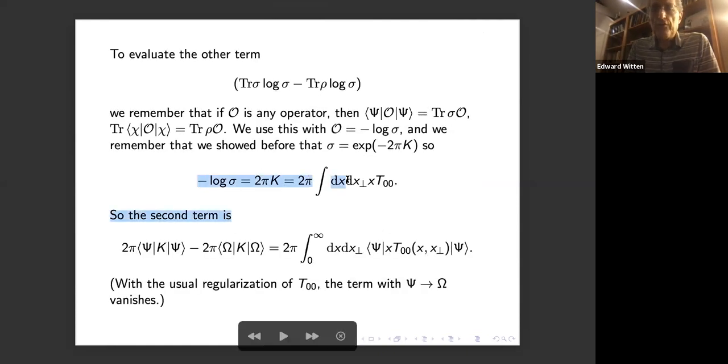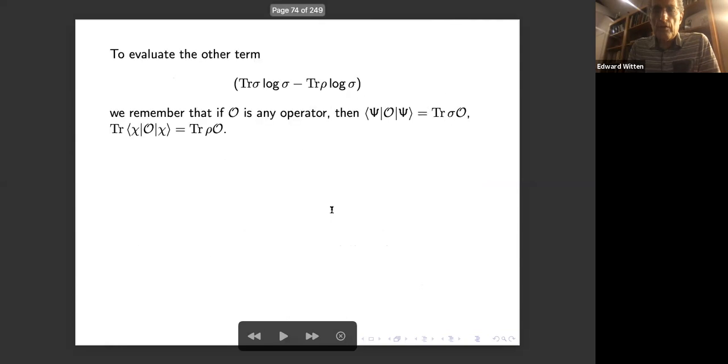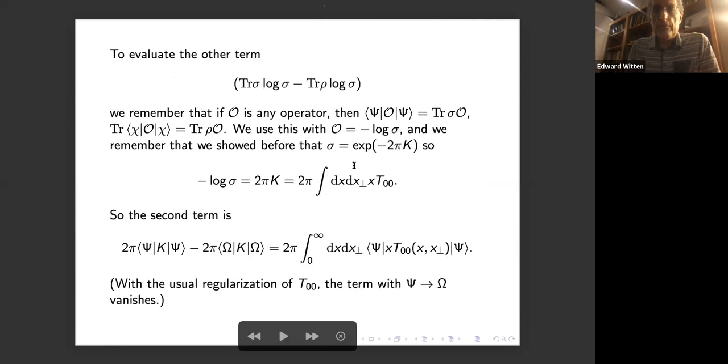So anyway, this is minus log sigma. So the second term in our formula, that is this one, which is the same as trace sigma O minus trace rho O, with O being minus log sigma and minus log sigma being 2 pi k, is just 2 pi times the matrix element of k in the state psi minus the same thing in the vacuum state.